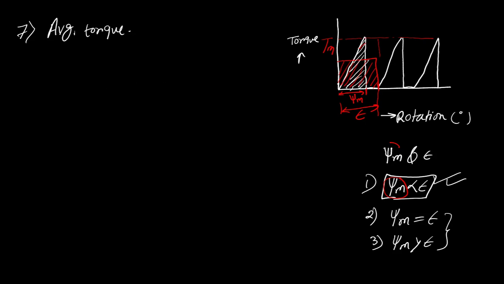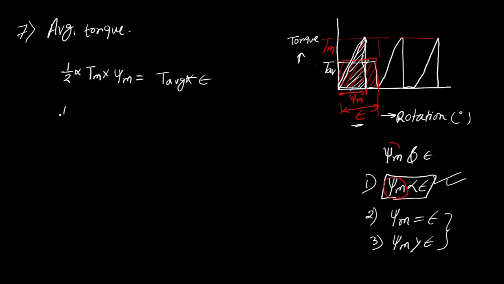This area I can write as the area of a triangle, correct or not? So half of my maximum torque into this psi m. Similarly, this area is the area of a rectangle, so it is my average torque into this.